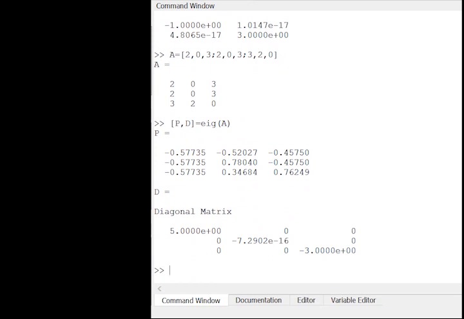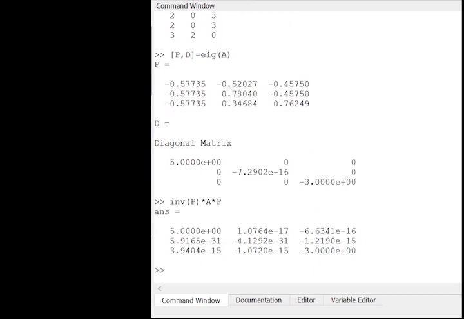The eigenvectors have been returned as unit vectors. This was the one that I calculated by hand to be (1, 1, 1). Here it's been multiplied by minus 1 over root 3, just a scalar multiple of it. Again, inverse of P times A times P should be a diagonal matrix.